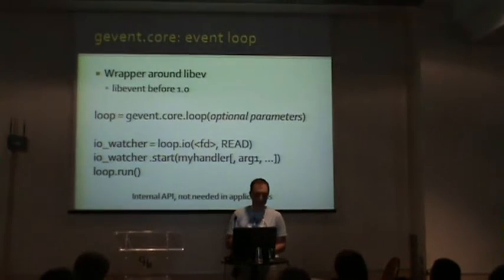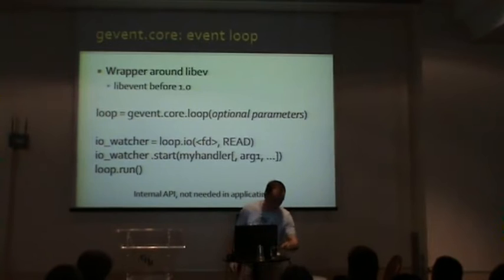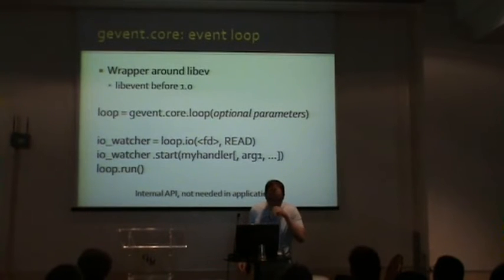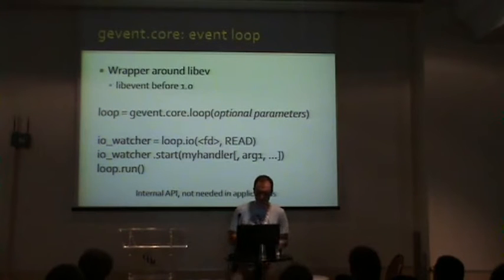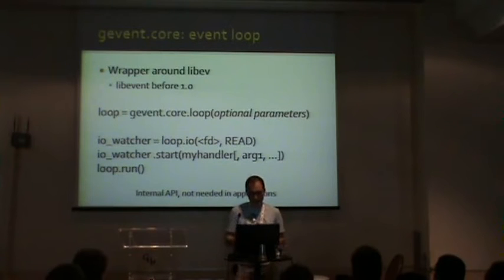So now we have the powerful abstraction called coroutine, and we can use it to create Gevent. The core of Gevent is also an event loop, like in any other non-blocking framework. We use an event loop written in C called libev. It's actually new in 1.0. Before that we used libevent.